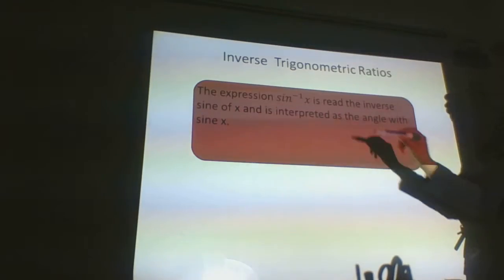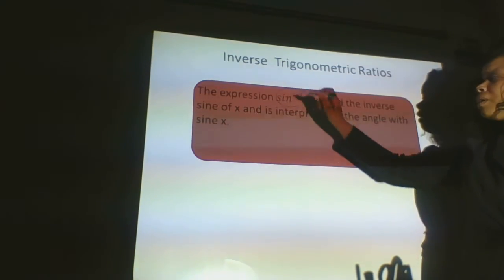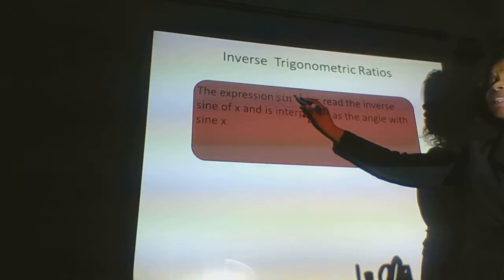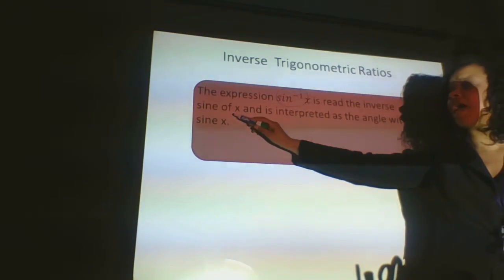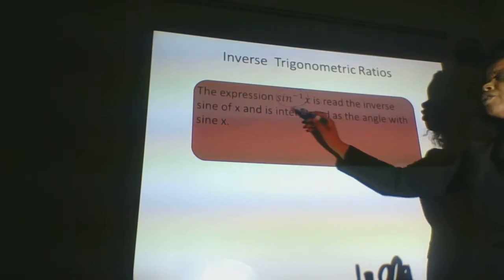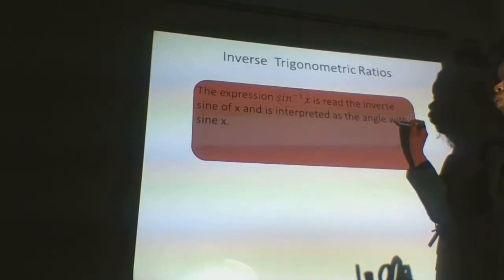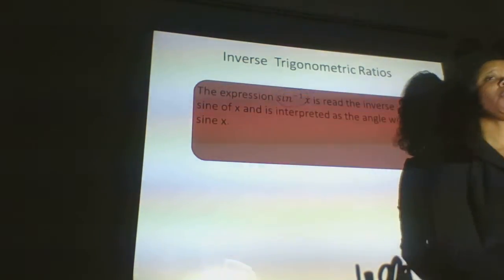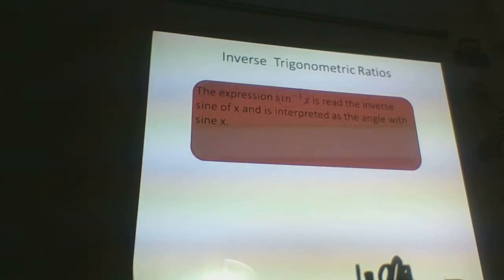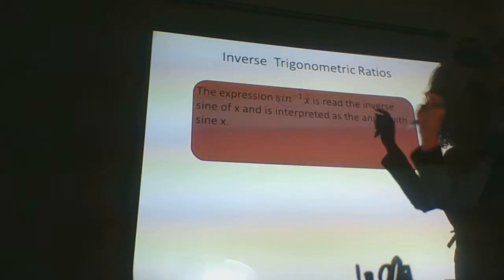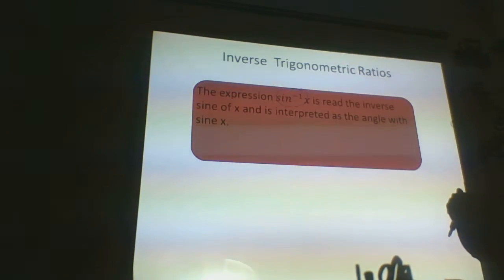So when you see this symbol, sine raised to the -1 power x, it is read the inverse sine of x and is interpreted as the angle with sine x. For instance, earlier we had sine was 3/5. Well, what is the angle that has a measure of sine 3/5? That's when we would find the inverse to figure out what the angle measure is.